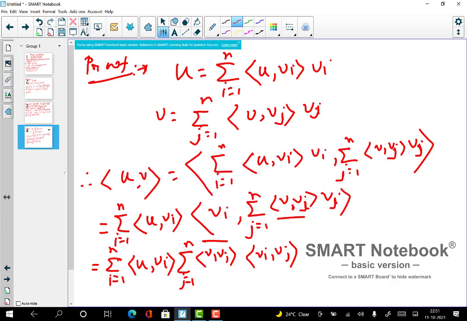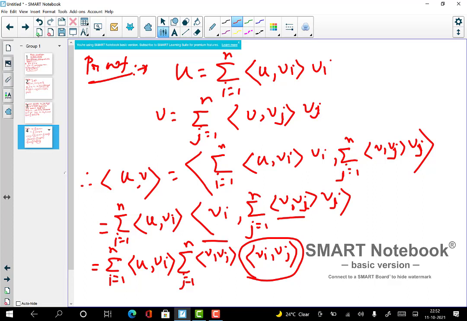Yes, so now because your basis B is orthonormal, in particular it is orthogonal, right? So whenever i and j are different, then the inner product of vi and vj is 0, so this portion becomes 0. This finally says if i is not equal to j, it vanishes, and it will only survive when i equals j, and in that case that will be the norm of vi squared, right? But this is orthonormal, so the norm will always be 1. So when i equals j, only this sum survives, and then this product becomes the inner product of V with vi, bar.